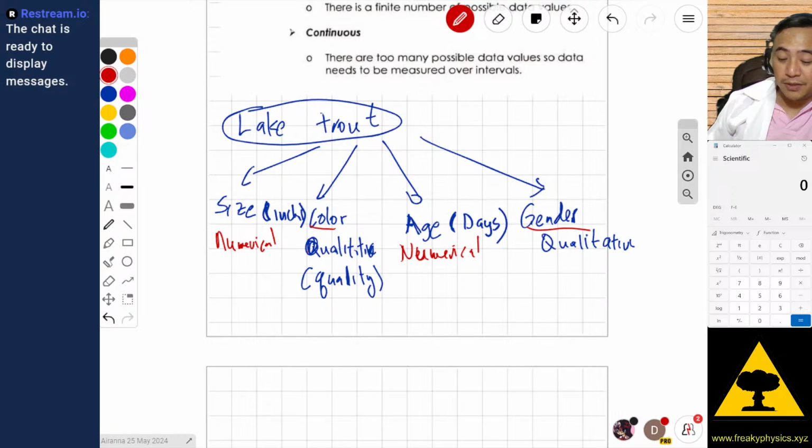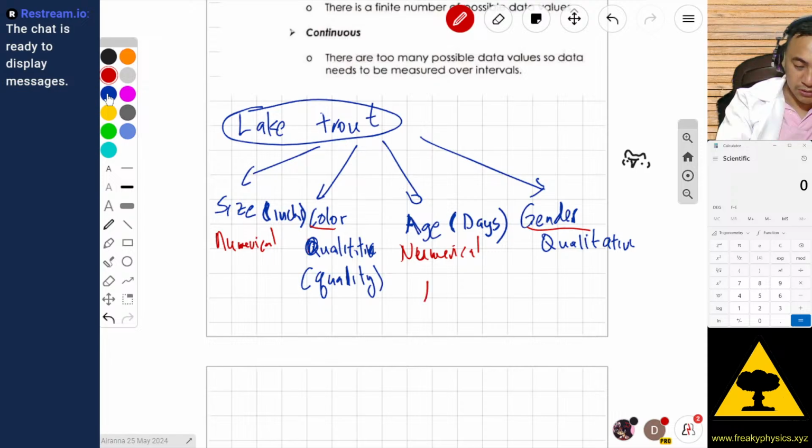Which one of these would have only whole number values? Which ones could be whole number values, for example? Age in days.